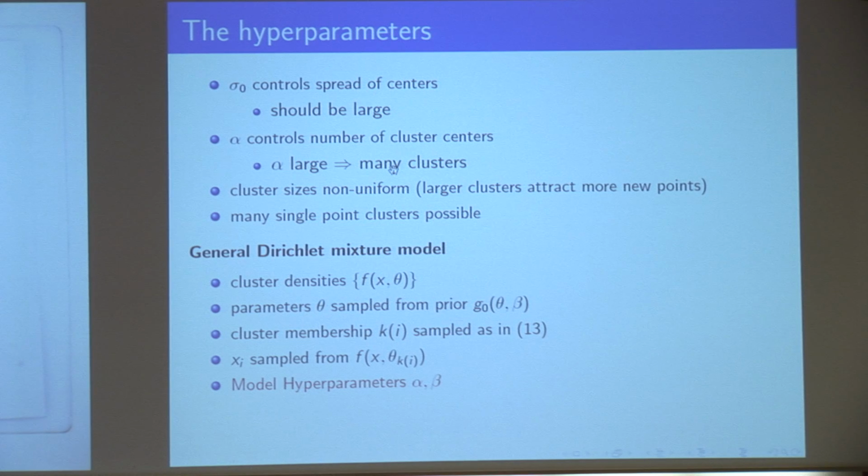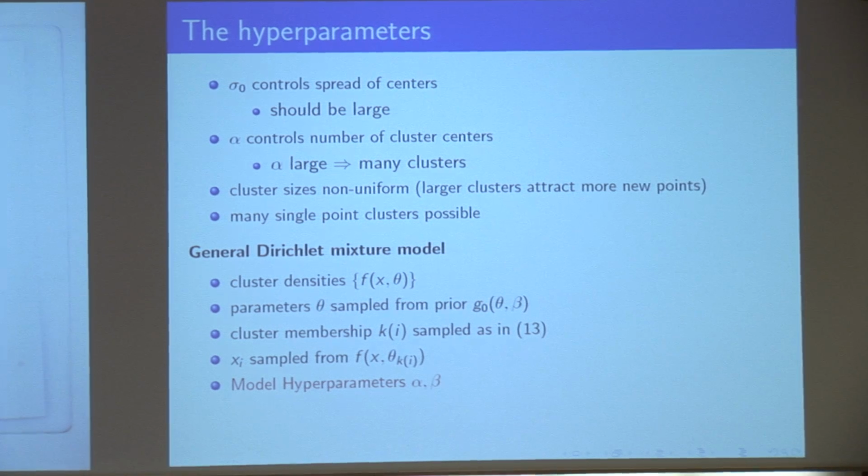Now, as I said before, in the case of the Gaussian that I talked about, I have a spread of the centers, that's sigma 0, and I have an alpha that controls the granularity. If I have some belief that the cluster centers should be somewhere, then I should put the mean of G0 there, and I should put the sigma according to my spread.